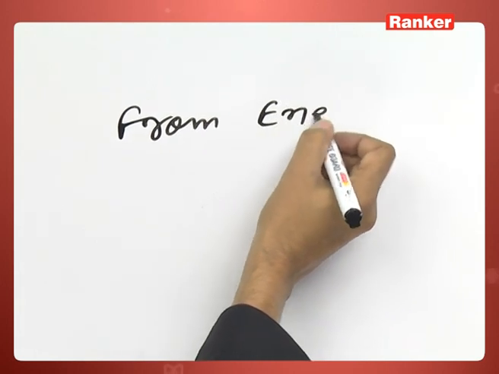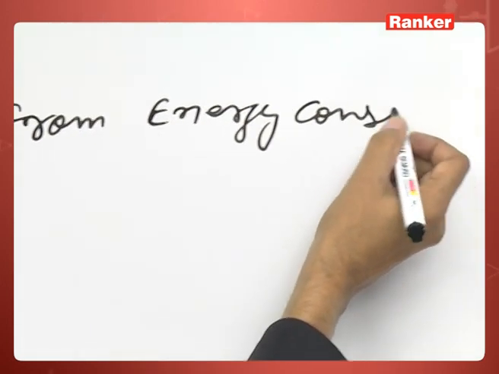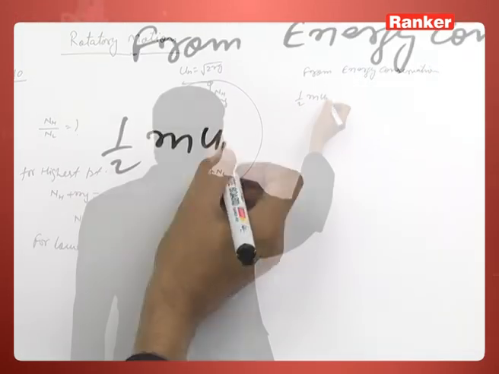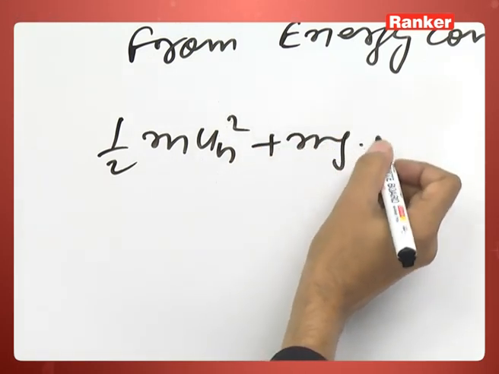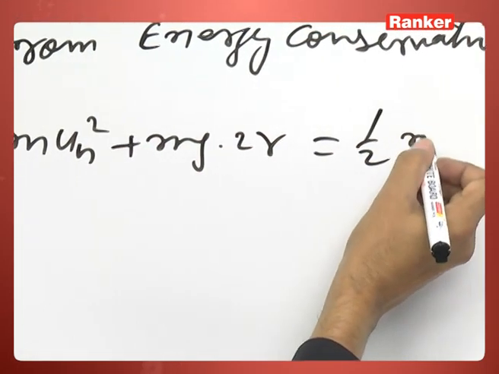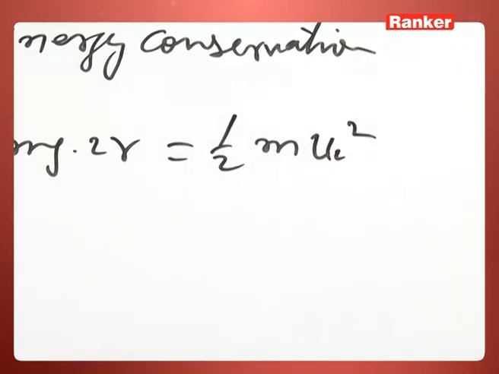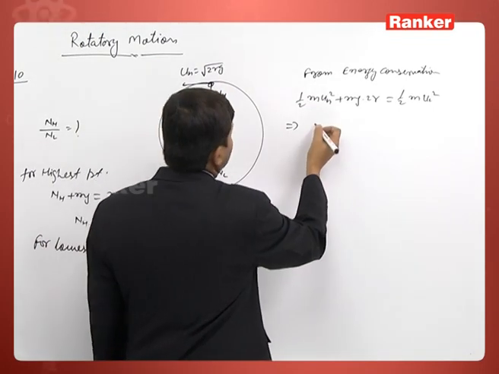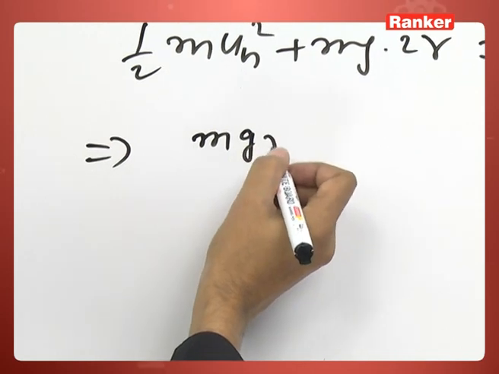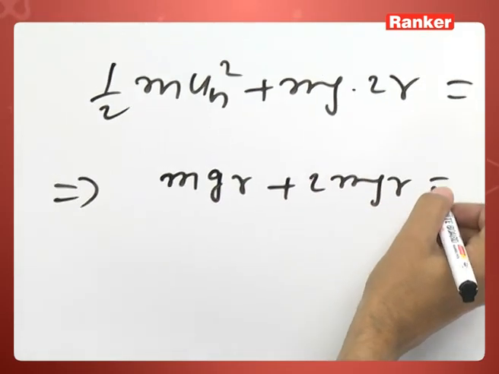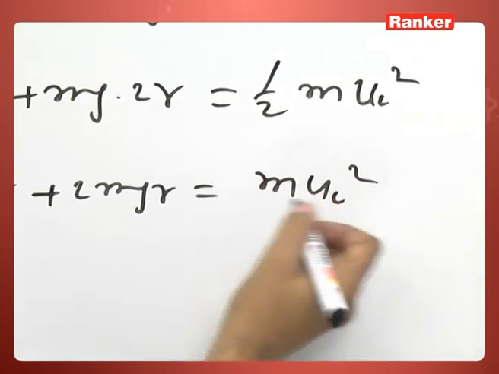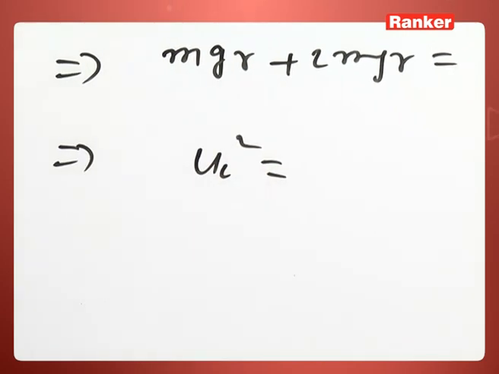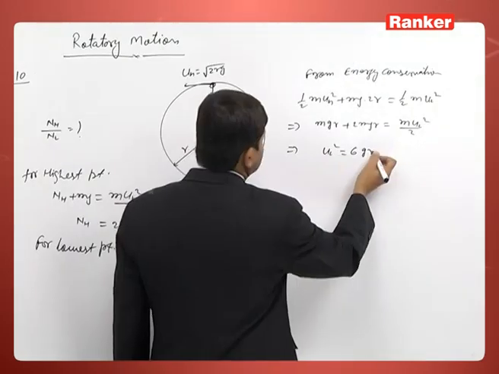From energy conservation: half m u_H square plus mg into 2R is equal to half m u_L square. u_H square is your 2Rg, so the 2 and 2 cancel, so mgR plus 2mgR equals m u_L square by 2. So, u_L square is equal to your 6gR.